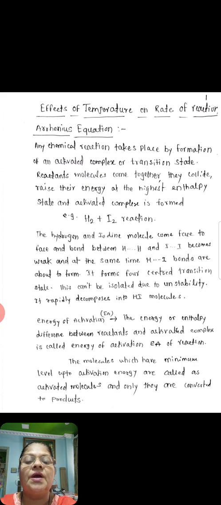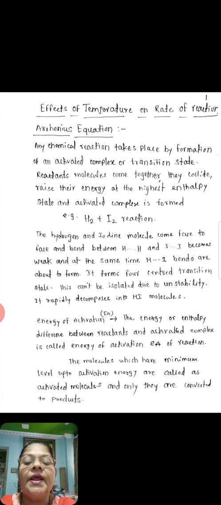Reactant molecules come together and collide, raise their energy to a higher enthalpy state, and an activated complex is formed. For example, the H2 and I2 reaction.